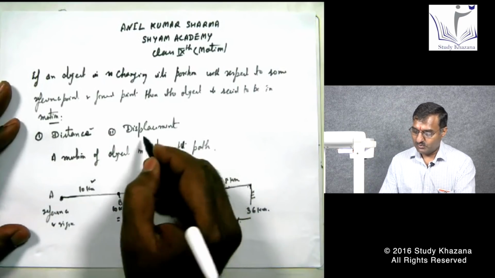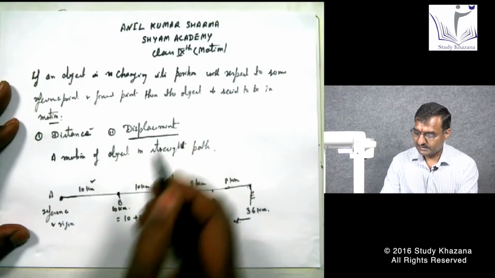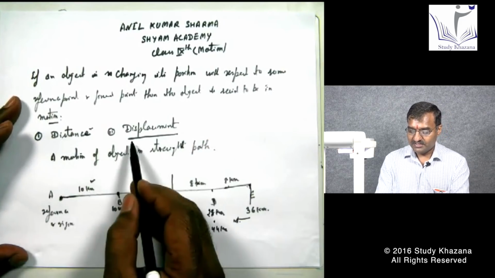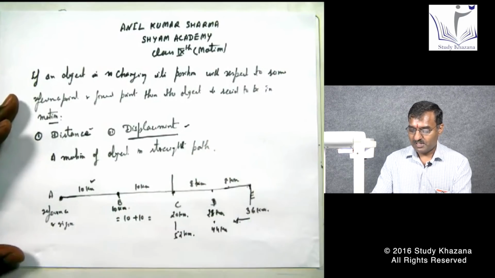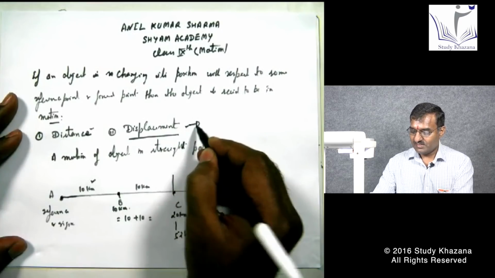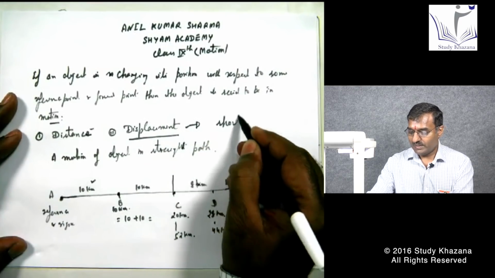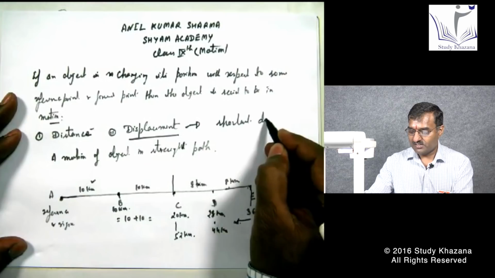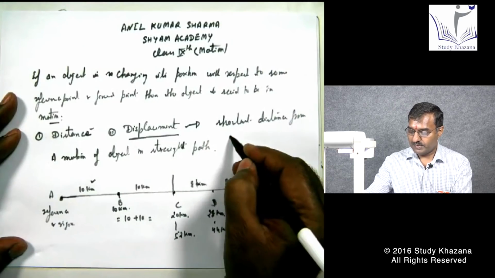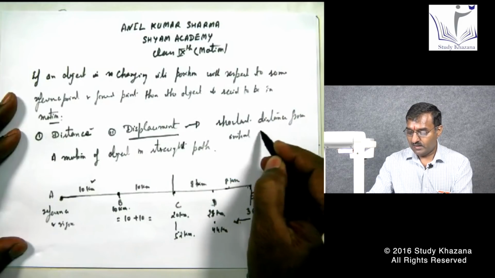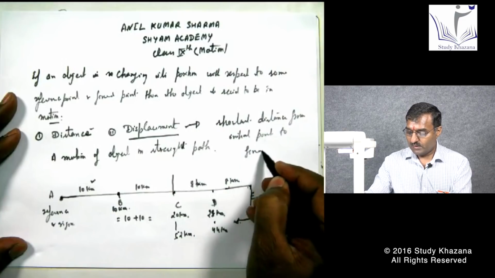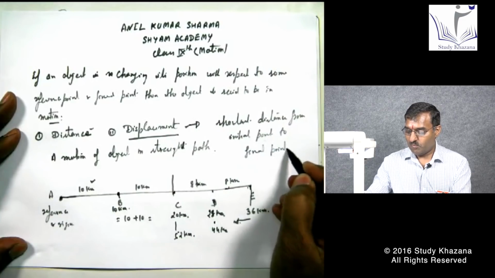Now let us come to the other quantity, that is displacement. Now how will we differentiate both distance and displacement? In case of displacement, we can say it is the shortest distance from initial point to final point.